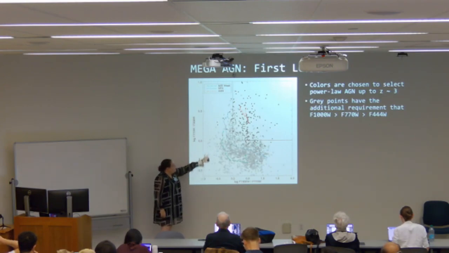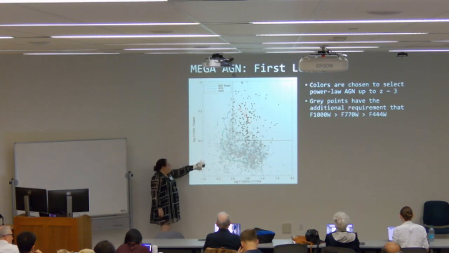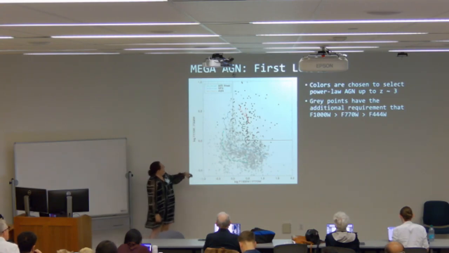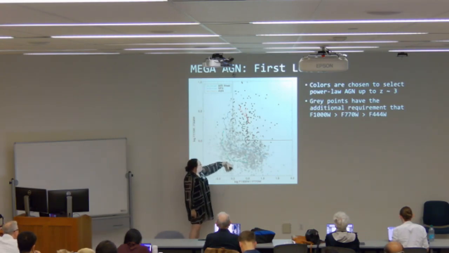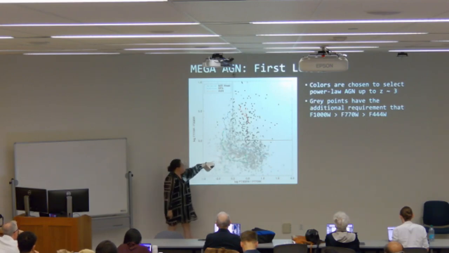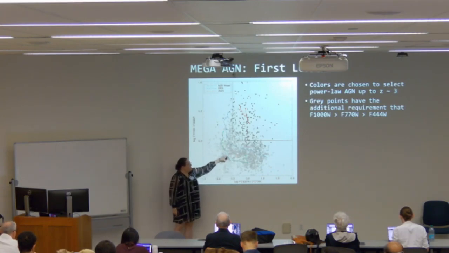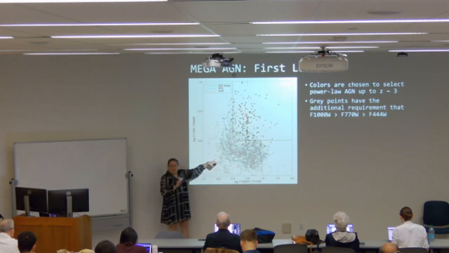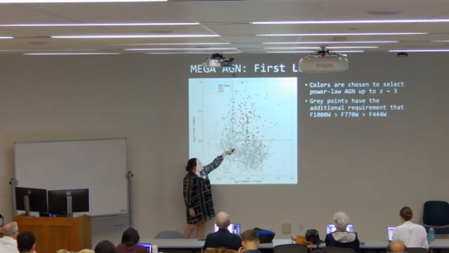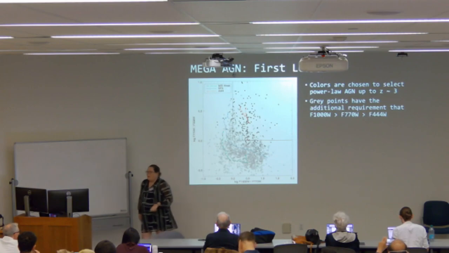Then these are our MEGA galaxies. The different redshift lines correspond to my templates. This is one of the ones from my paper that was one of those mid-IR weak ones. This is a dusty star-forming galaxy, and the red one is just a power law AGN.